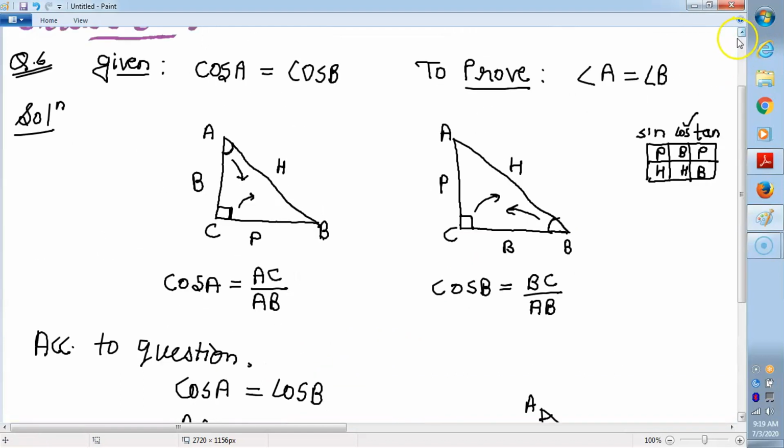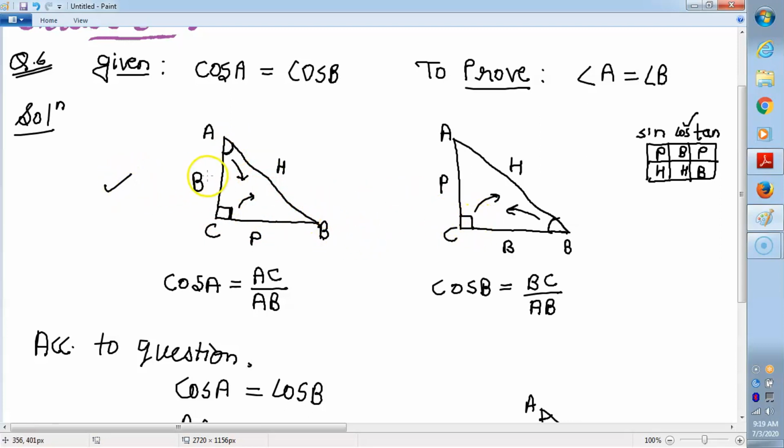Got it, no? First of all, what we have to write? Cos A and cos B in our triangle. Guys, if you want to draw the triangle only once, you can take it. Only to explain it clearly, I drew it two times.